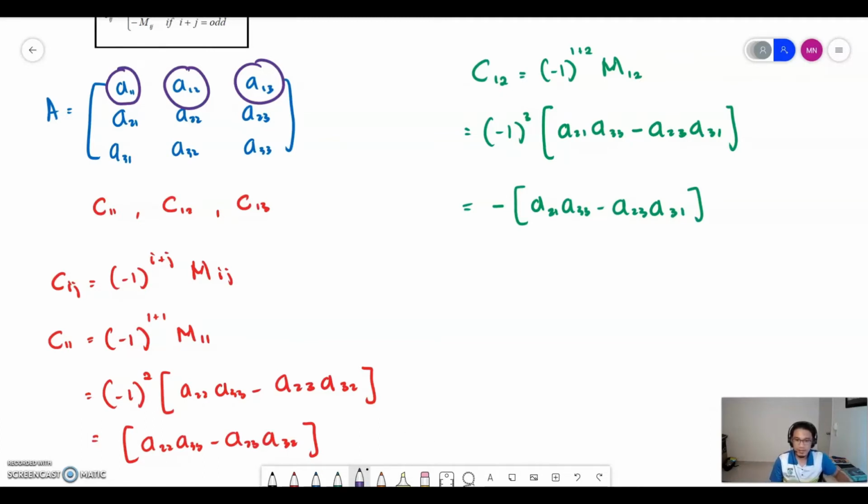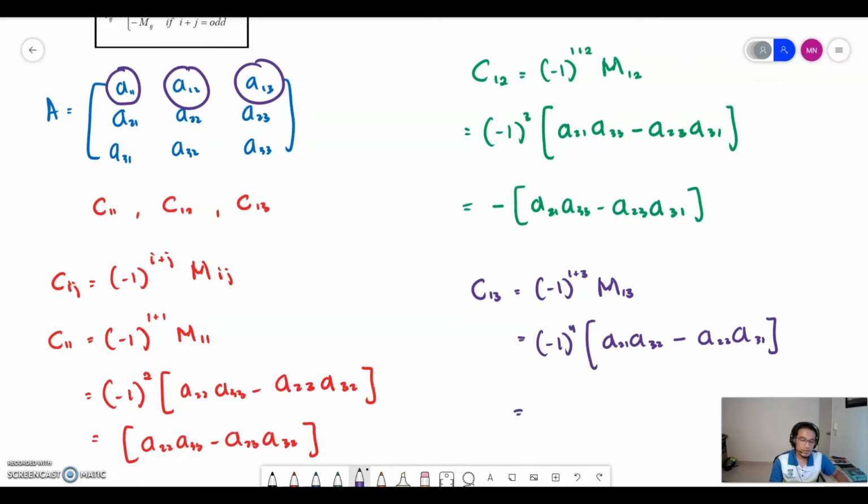Now let's do cofactor 1, 3, which will be equal to negative 1 to the power of 1 plus 3, M13. So we have negative 1 to the power of 4, and M13 is A21, A32 minus A22, A31.